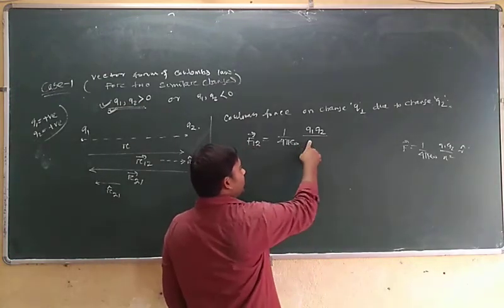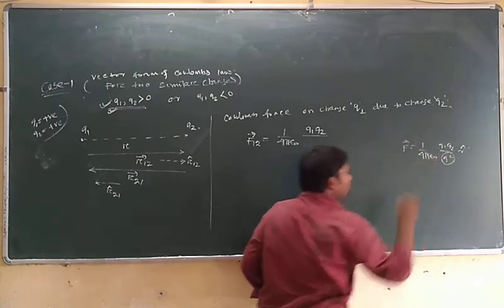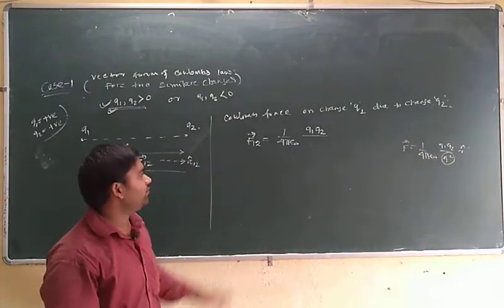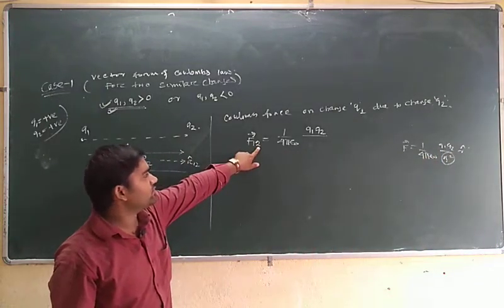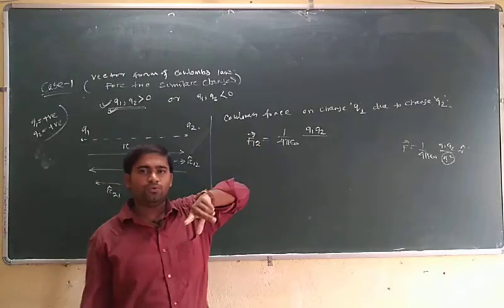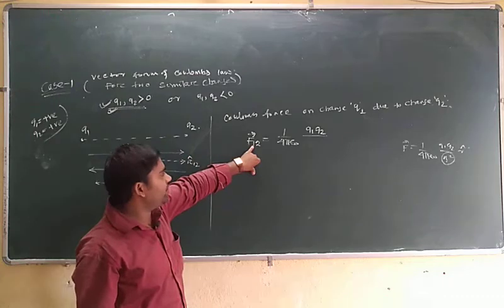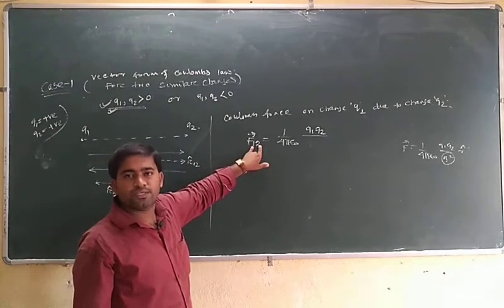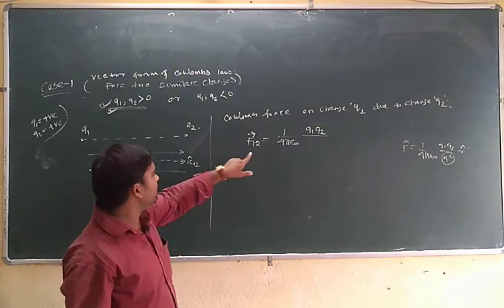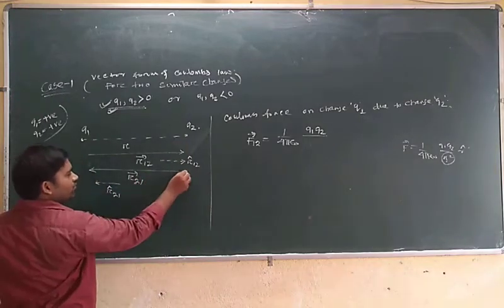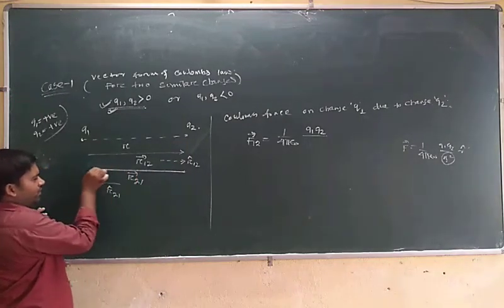Now important is this part r. When we write F12 vector, the action starts from q2 and ends at q1, because force is acting on q1 because of q2. So there is a displacement from 2 to 1.